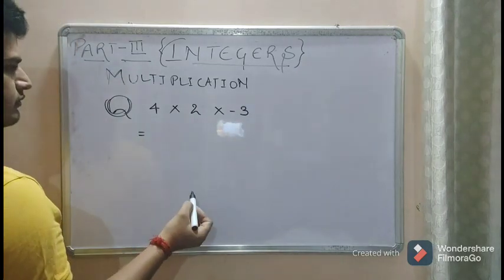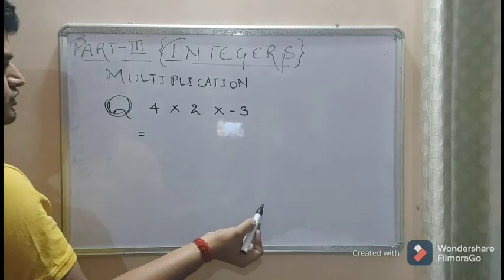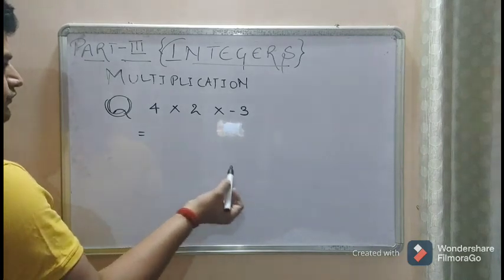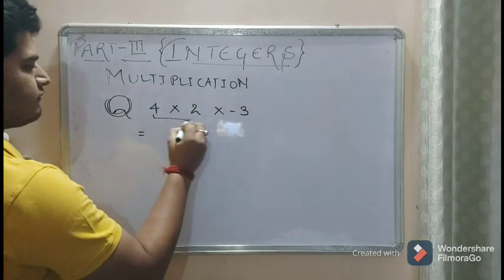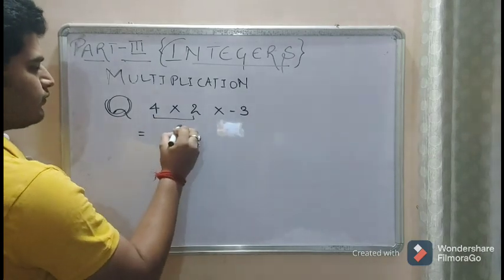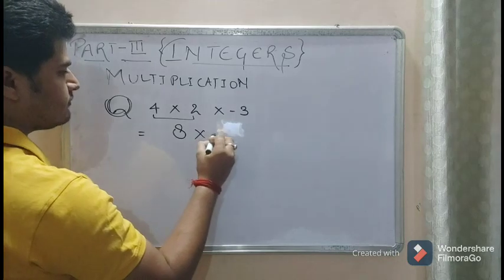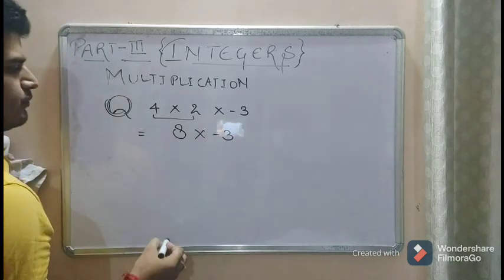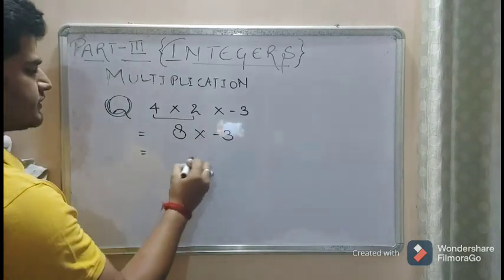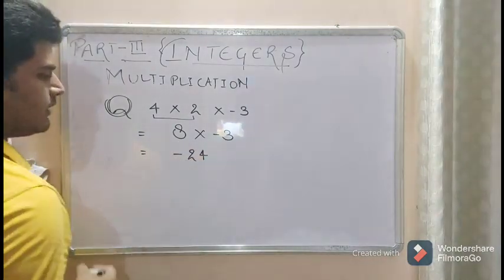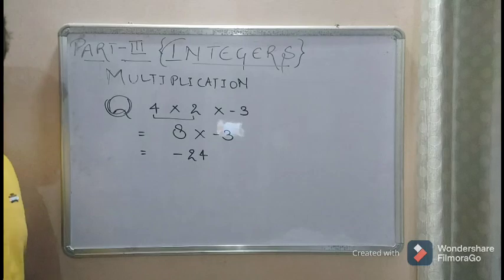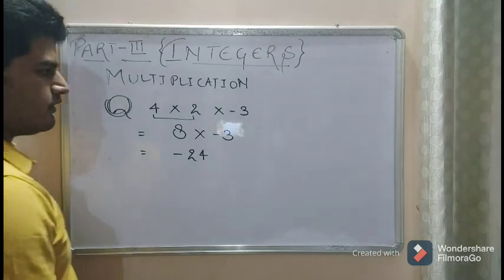So many ways are there to solve this question, but if I want to solve this, I will do the multiplication of these two numbers. 4 into 2 will give me 8, and then into -3. 8 3s are 24, and one of them is negative, so the answer is going to be negative. As simple as that, right?